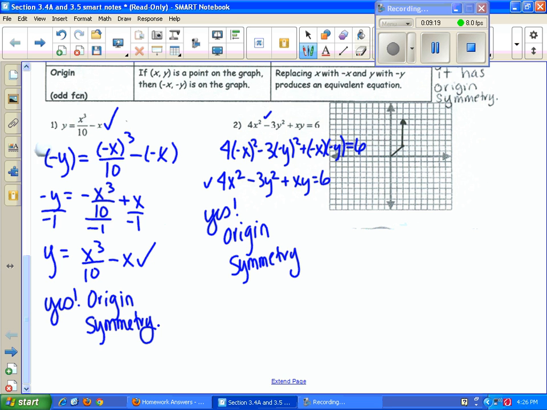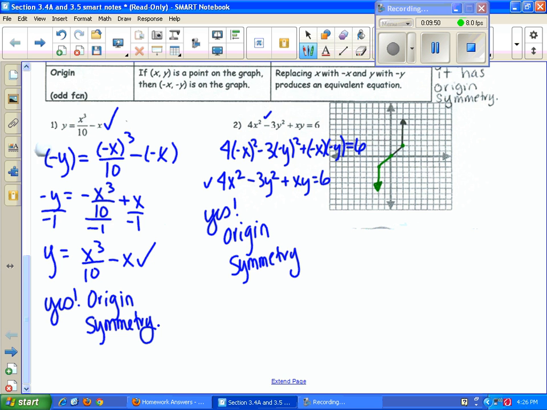If we take a look at the graph that we have here, we want to complete the graph so it has origin symmetry. Remember, every point that you have, you change your x and your y values to be the opposite, and then that will make it have origin symmetry. So 0, 0 would stay here, and this point right here, which is 2, 2, would become negative 2, negative 2, and then you can kind of graph it from there, and the line would go down this way and stay forever.